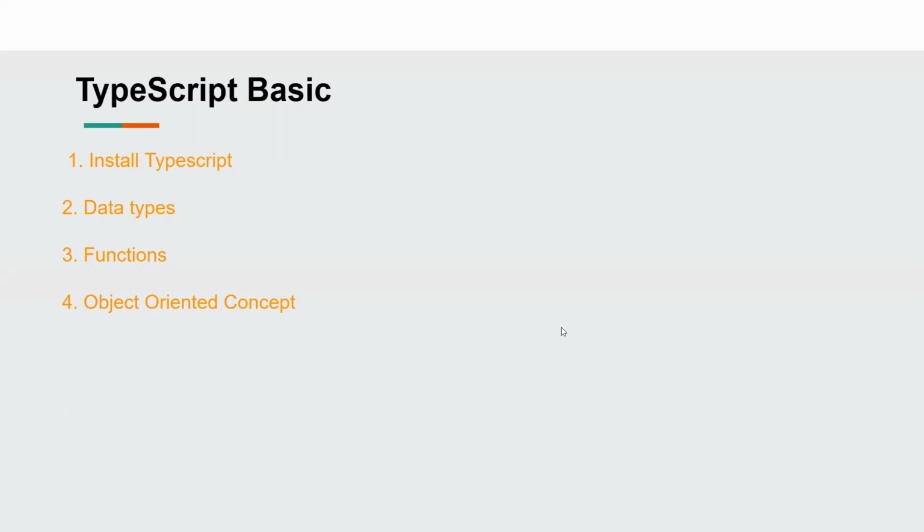We'll talk about object-oriented concepts, how functions are declared, what data types you have, and how to set up your machine so that you can write TypeScript code. Once you are done with JavaScript and TypeScript, any problem that is thrown at you, you'll be able to solve using both languages. Okay. Can we move to the next slide?